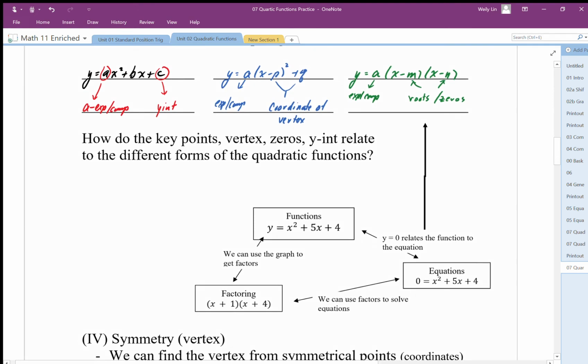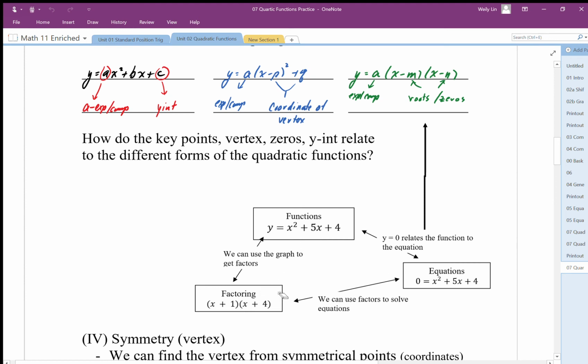And so we also want to connect this idea that the functions, factors, and equations are connected, and they're essentially connected through the zeros, because in factored form, we can come up with the function, and we know some key parts of the function, in fact the zeros, and we end up with symmetrical points on the function.